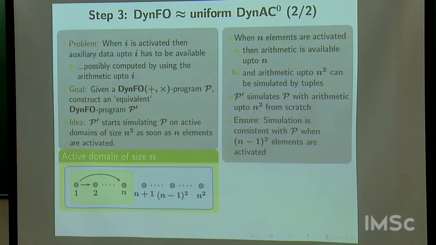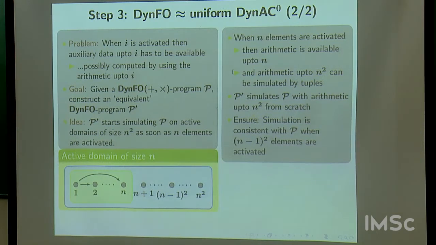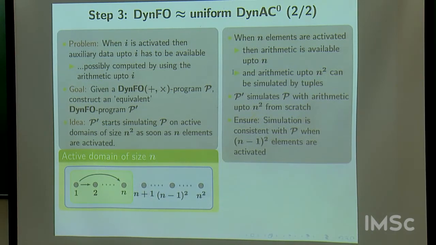So when you reach n, you basically start a new simulation for n squared and start inserting the tuples which you have already seen or which are already present in the graph at double the rate, at 4 times the rate or something, correct?